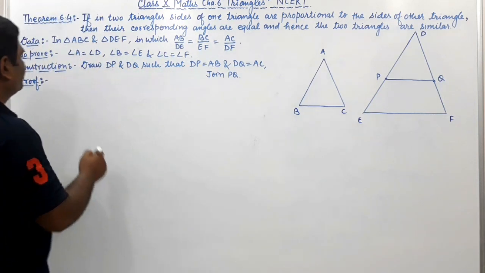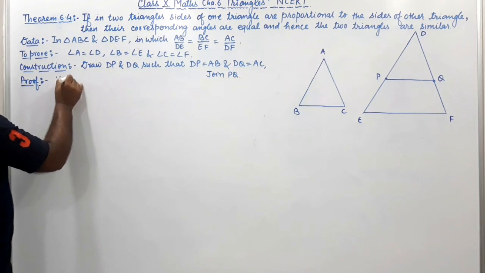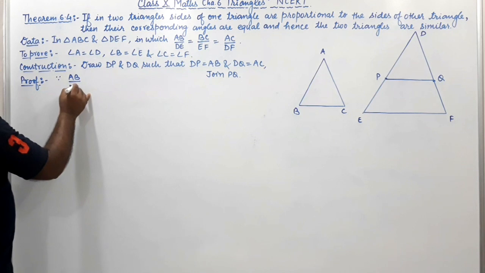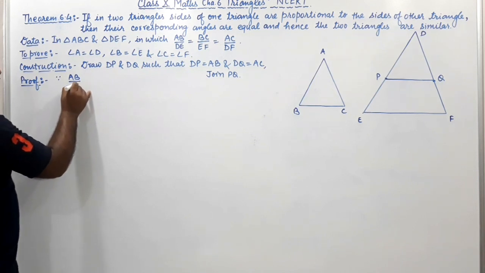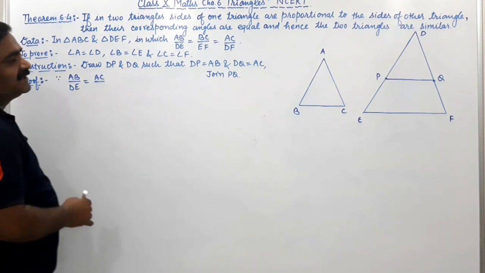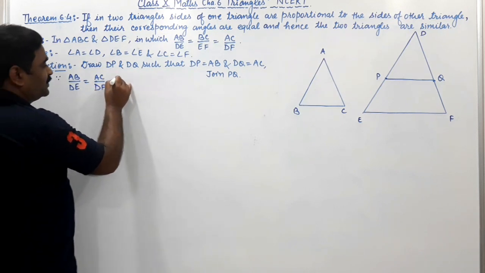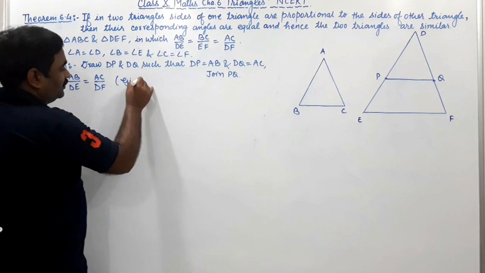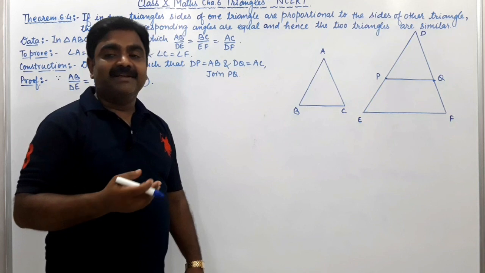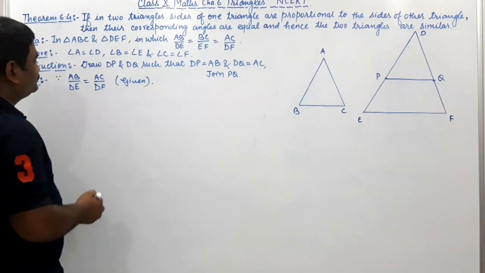So since AB upon DE equals AC upon DF, which is given in the question, right? ये आपके क्वेश्चन में दिया गया है. Okay, so now let's start.